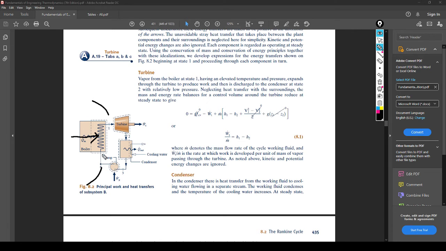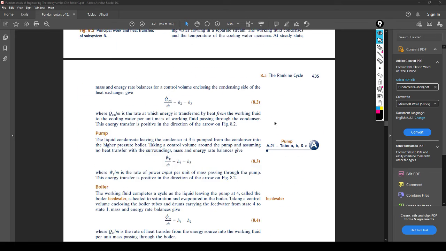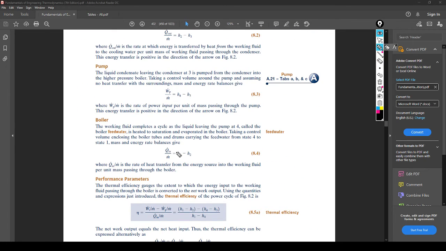It is the two things before and after, right? It's 4 over here and 1 over here. How could the amount of heat coming into the boiler be the difference of enthalpy around a turbine? You see the problem? So it's H1 minus H4. So make sure that doesn't confuse you. This should be H1 minus H4.